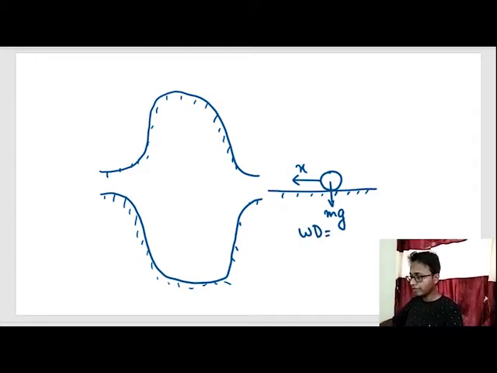Work done by gravity is mg x cos 90, and cos 90 is zero because the angle between displacement and force is 90 degrees. So if work done by gravity is zero, the change in potential energy is equal to minus the work done by the conservative force, which is zero.